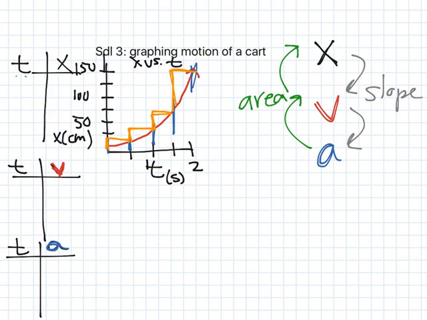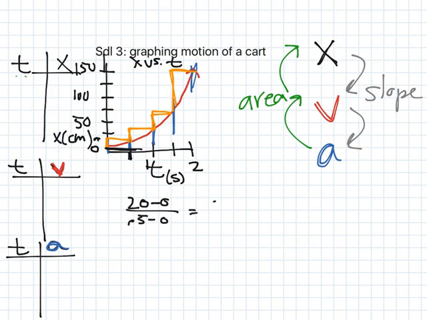My graph is a little small, hopefully you made yours bigger, but we can see that we started at 0. We went up to about, that's not quite the 25, probably about 20. So we had a rise of 20 minus 0, and then we went over from 0 to the half second mark, so 0.5 seconds.